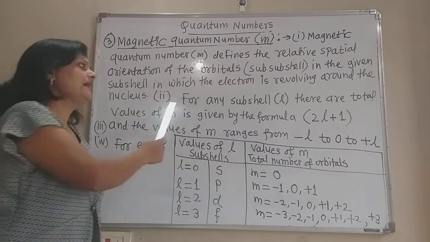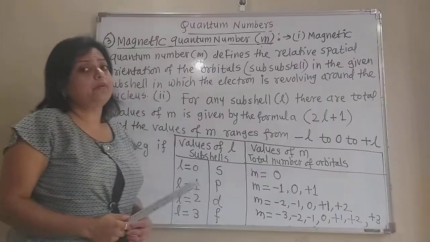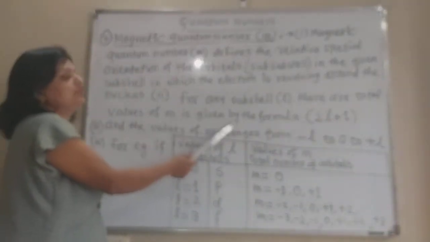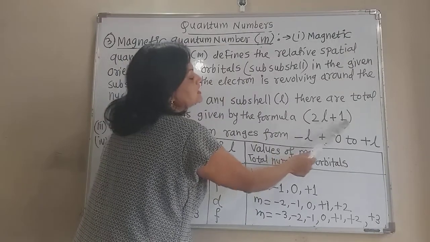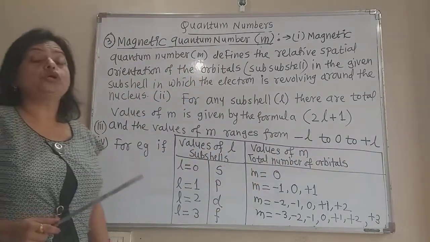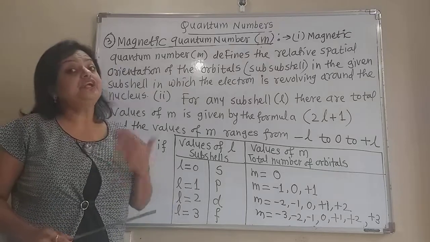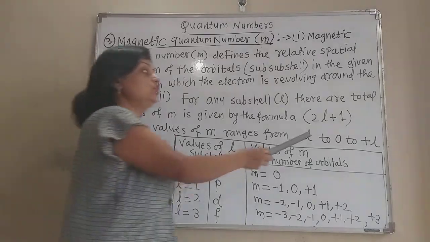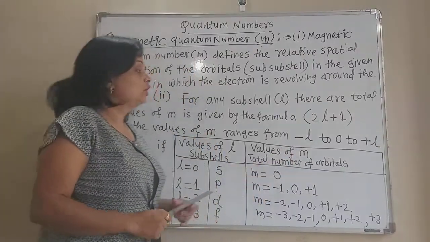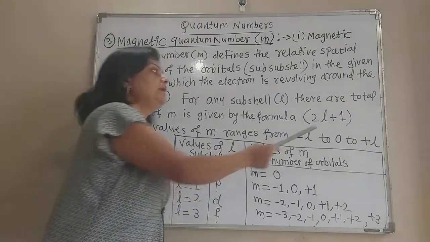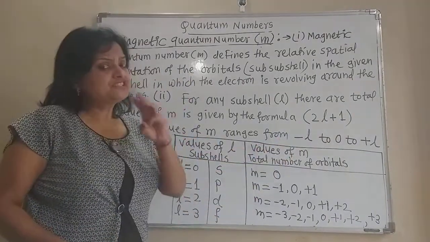Now for any subshell with a given value of L, the total number of values of m is given by the formula 2L plus 1. This is the formula to obtain the total number of orbitals present in that subshell. If L is equal to 1, then 2 multiplied by 1 is 2, plus 1, that means 3.